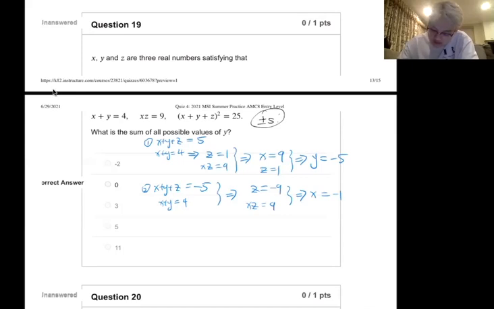And knowing both x and z, we get y equals 5. So the possible values of y are -5 and 5. So -5 plus 5 equals 0.